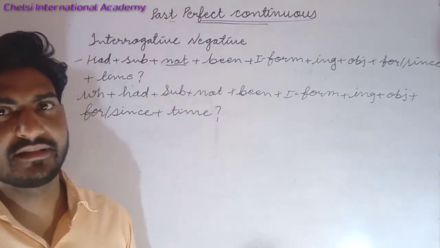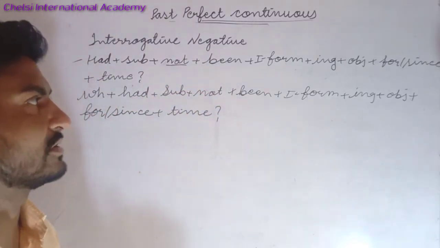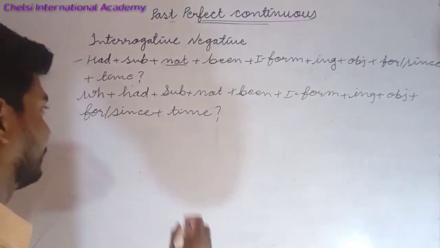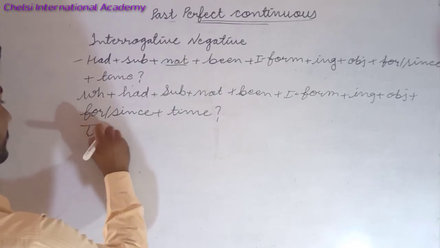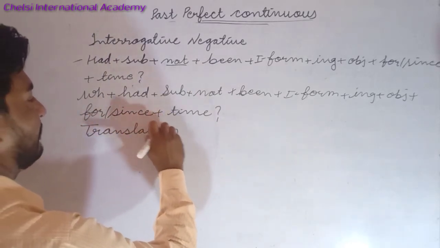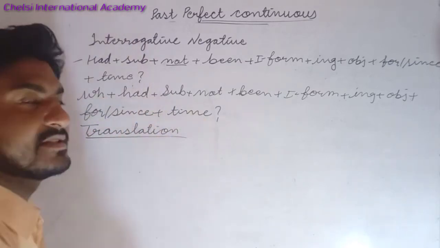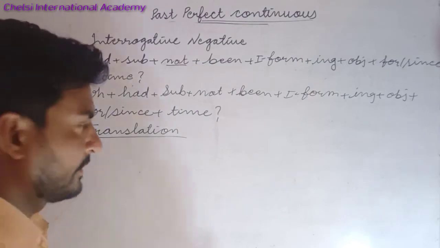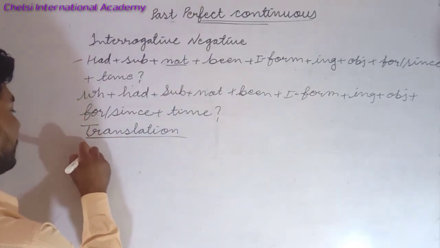In this way we have seen the structure of interrogative negative sentence also, and now we discuss the translation. Translation: how we translate a Hindi sentence into English sentence. Let's see.